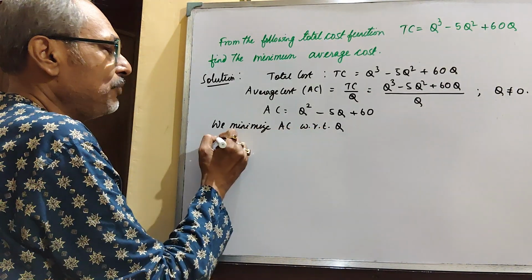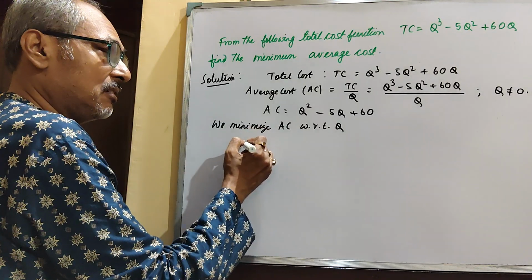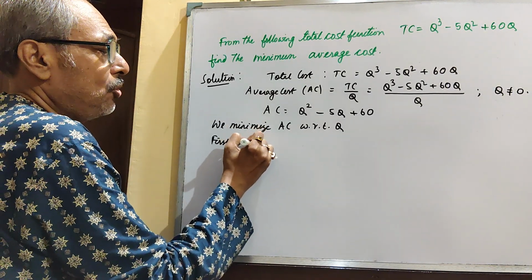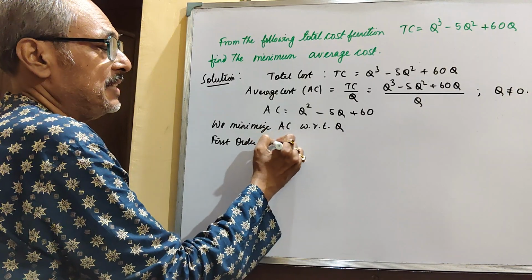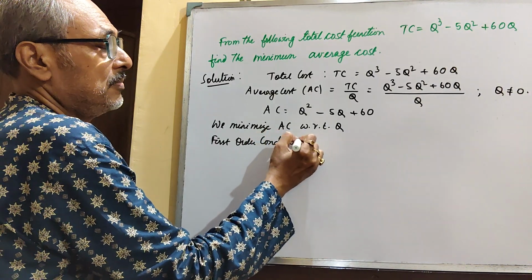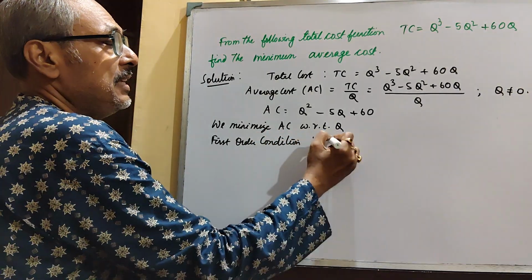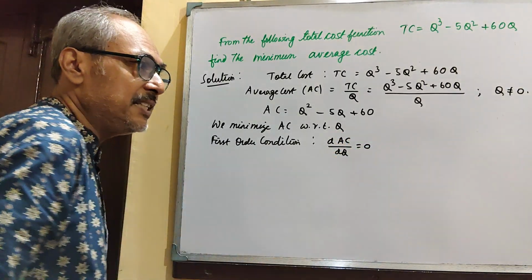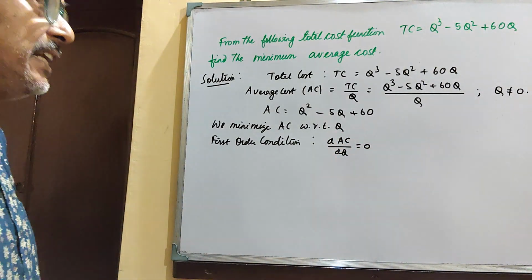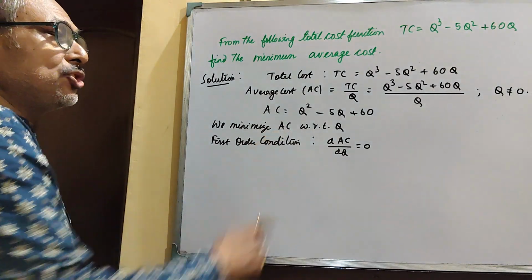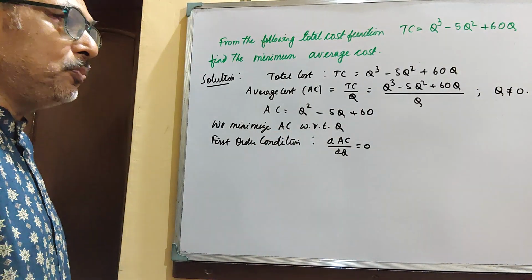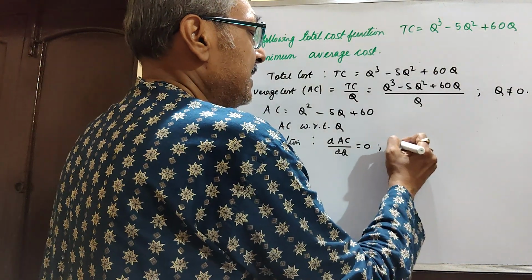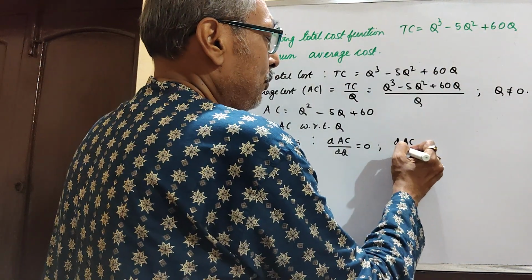To minimize, we first do the first order condition. First order condition for minimization is dAC by dQ equals 0. That is, we set the first order derivative of average cost with respect to output equal to 0. Now what is dAC by dQ?